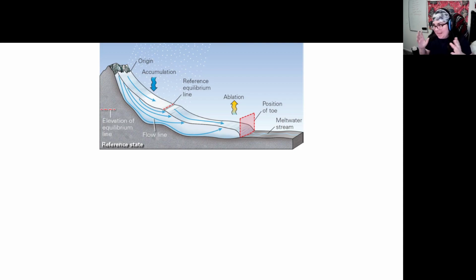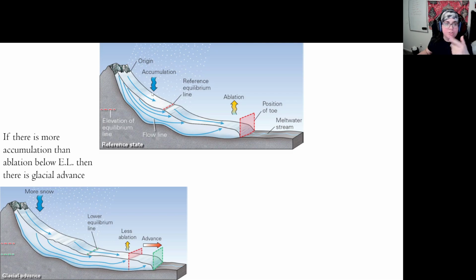Let's look at these two concepts now. This is our starting glacier, our reference date. The toe of a glacier is the end of it. Here we have more ablation than accumulation in the lower zone, and more accumulation than ablation in the upper zone. If there is more accumulation happening than ablation, then we have glacial advance.